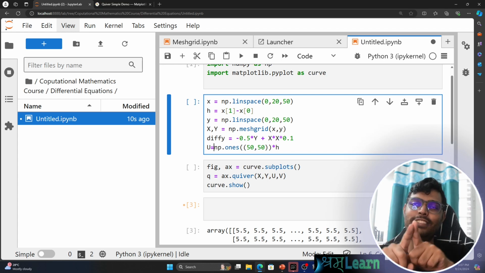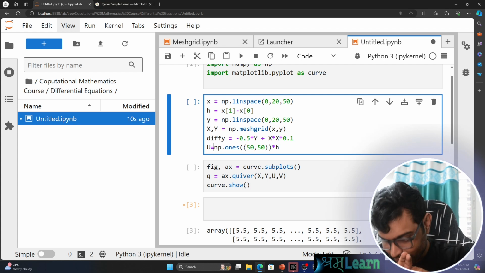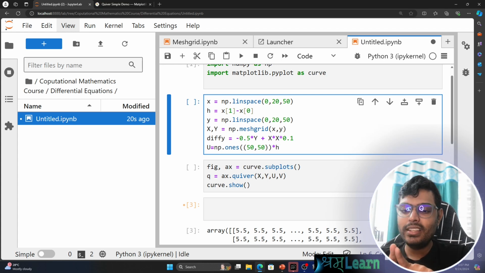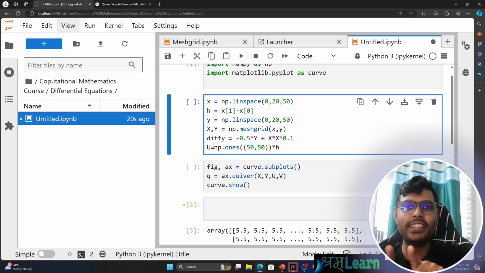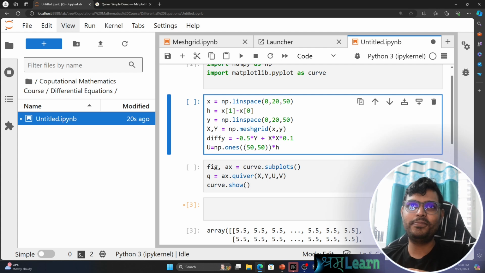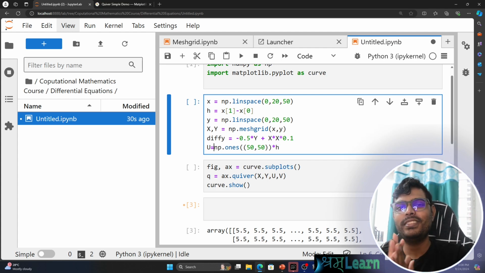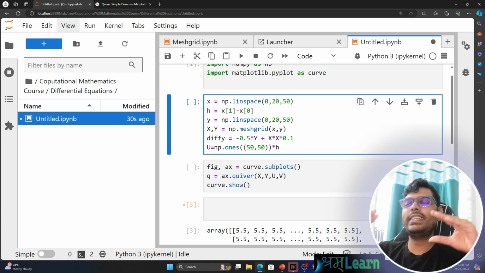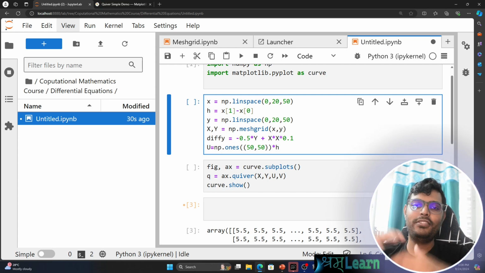So this is going to be the x component of the vector. This matrix has the x component of the vector at all points. At all points means there are 50 points along x, and these 50 points are stacked one upon the other 50 times.